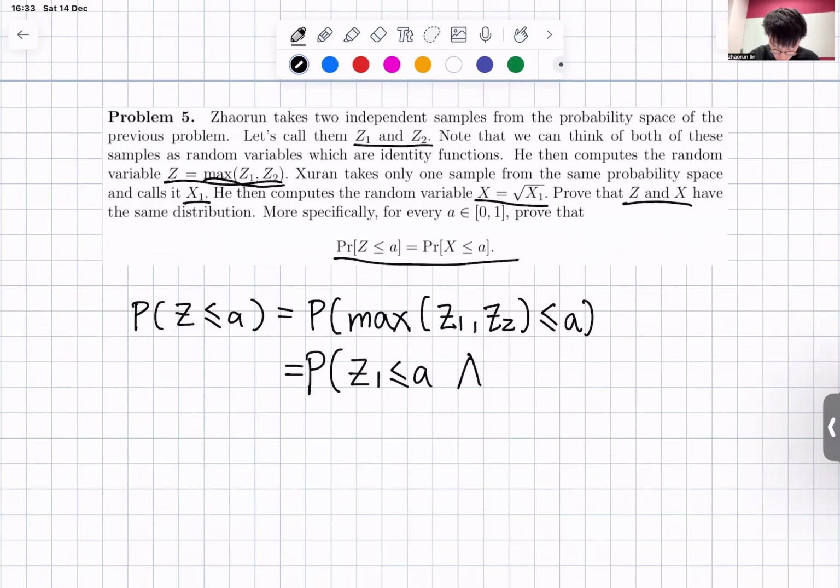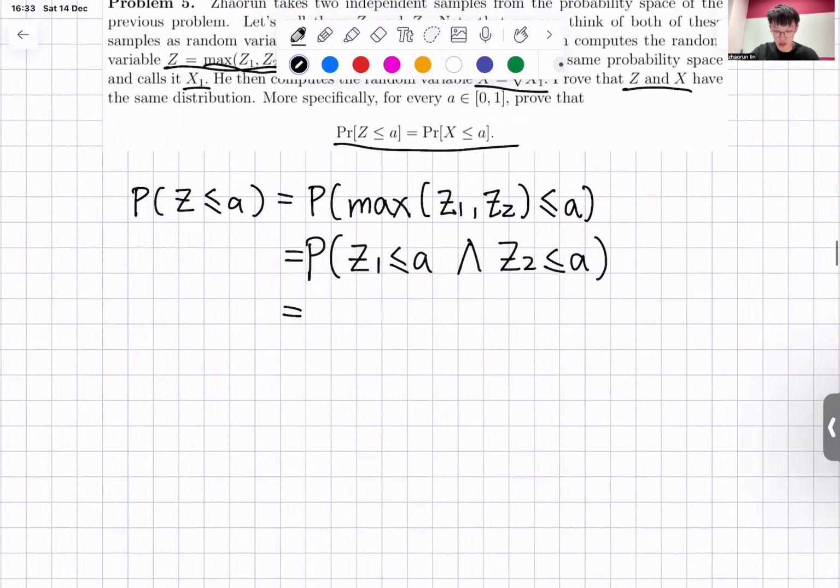It is equal to the probability that they are both smaller than A, right? Because if the maximum of Z1 and Z2 is smaller than A, then both of them are smaller. And since Z1 and Z2 are independent, we can write it as this.